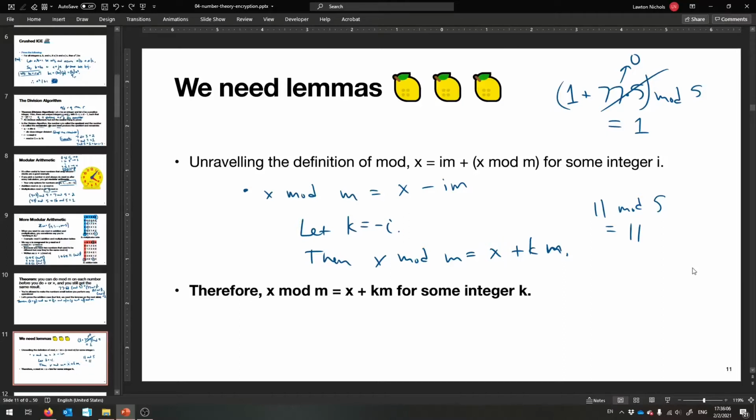And then this is going to be eventually just 1. So 11 plus some negative thing, you can just bring it down to be between 0 and 4. Well, it's negative 2 times 5. Yeah, that is the answer. 1 on both sides. That is the point. So this is a useful fact, and we can use that now to prove our theorem.